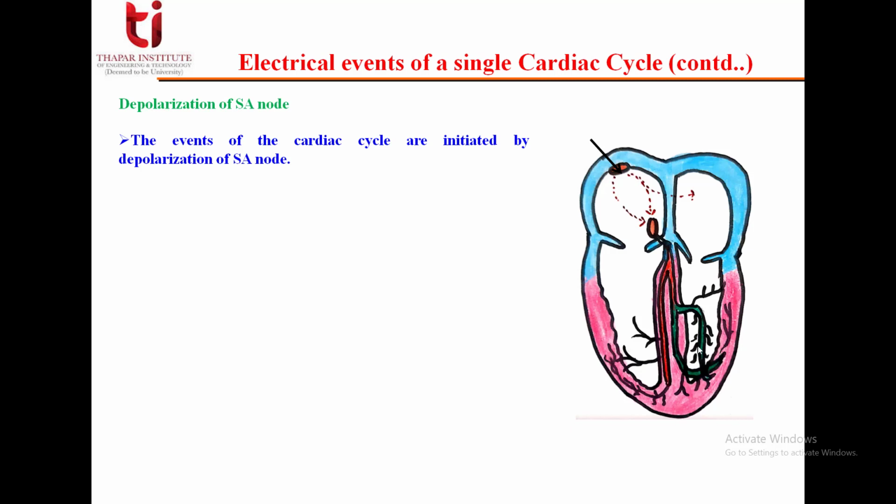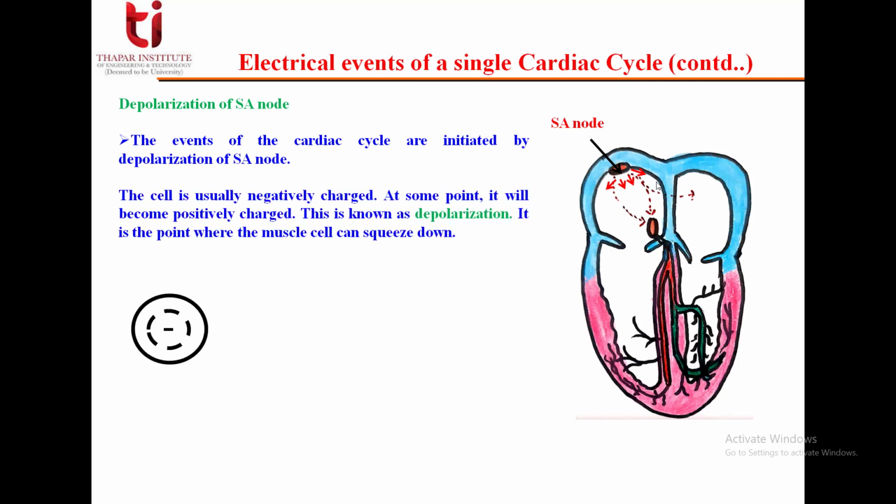So the events of the cardiac cycle are initiated by depolarization of the sinoatrial, or SA, node. This is the SA node, and the signal starts with depolarization of this SA node. You can see these red arrows showing the depolarization of the SA node.